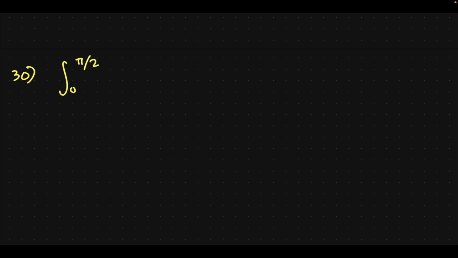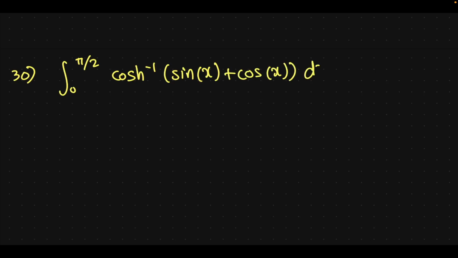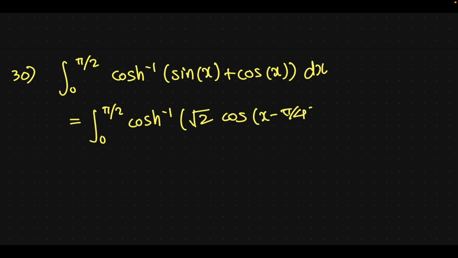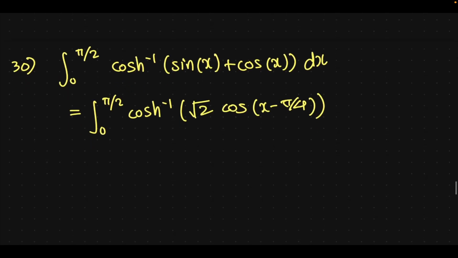Integral 0 to pi over 2 of cosh inverse of sine of x plus cosine of x dx, integral 0 to pi over 2 of cosine inverse, and we have square root 2 from the cosine compound angle formula.